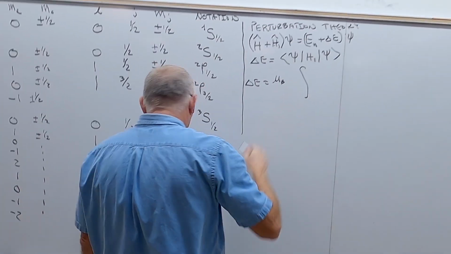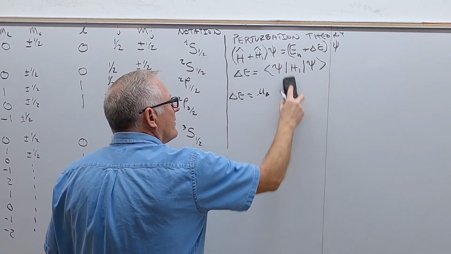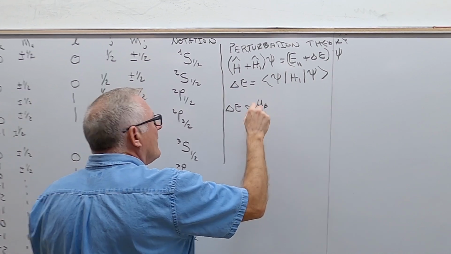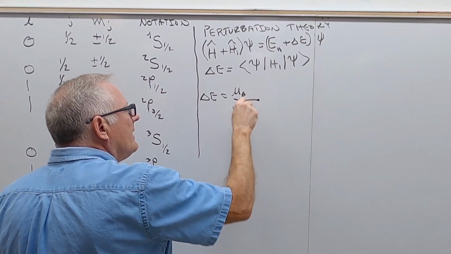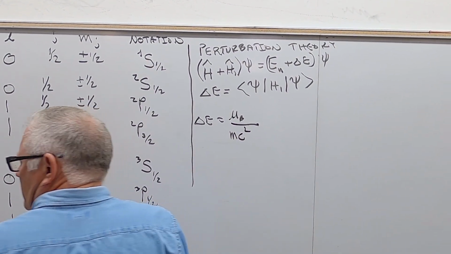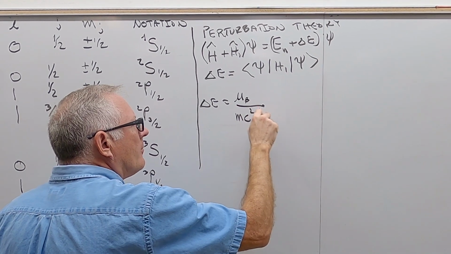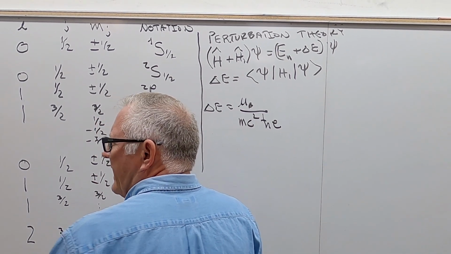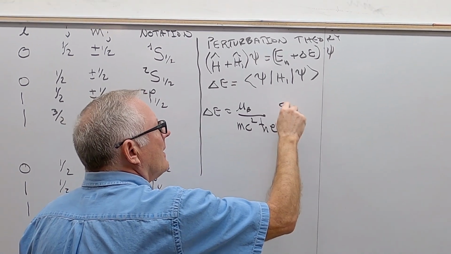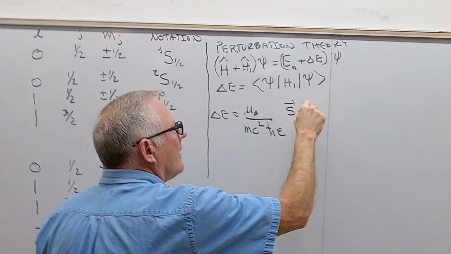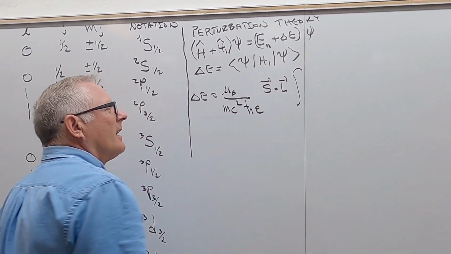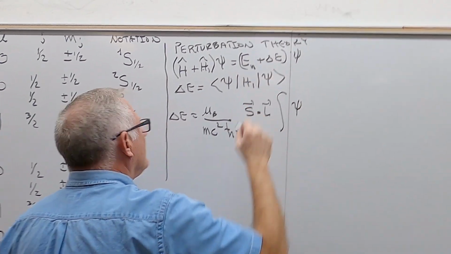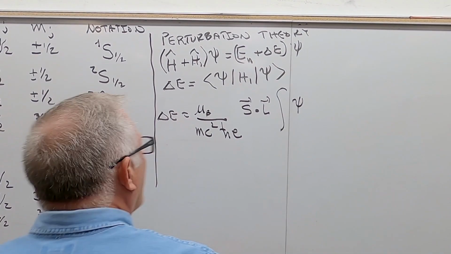Mu b, actually I'll put the integral in yet, mu b all over mc squared h bar e, and then I'll even pull out the s dot l, and so we'll just have to integrate psi, and the only thing left inside is 1 over r du dr.